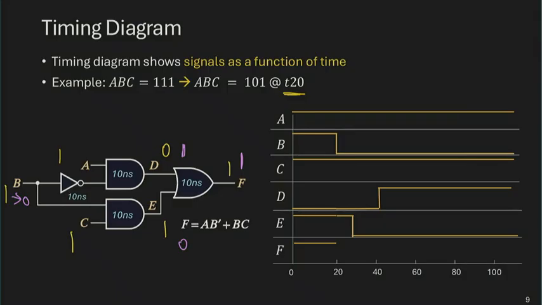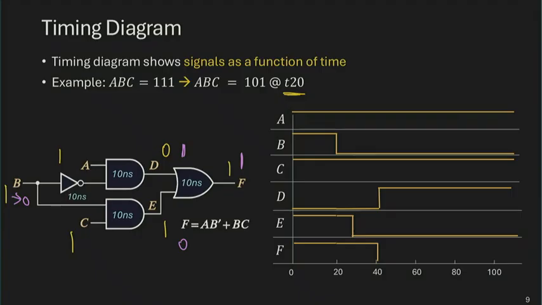And now we're going to look at F, the final output. So F depends on both D and E. So when E first changes, after 10 nanoseconds, F will also change. So at time 40, F will go from 1 to 0.